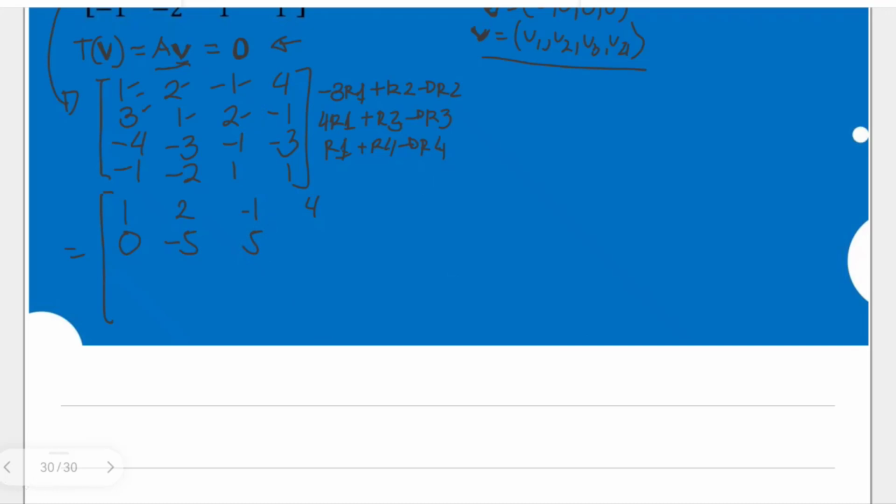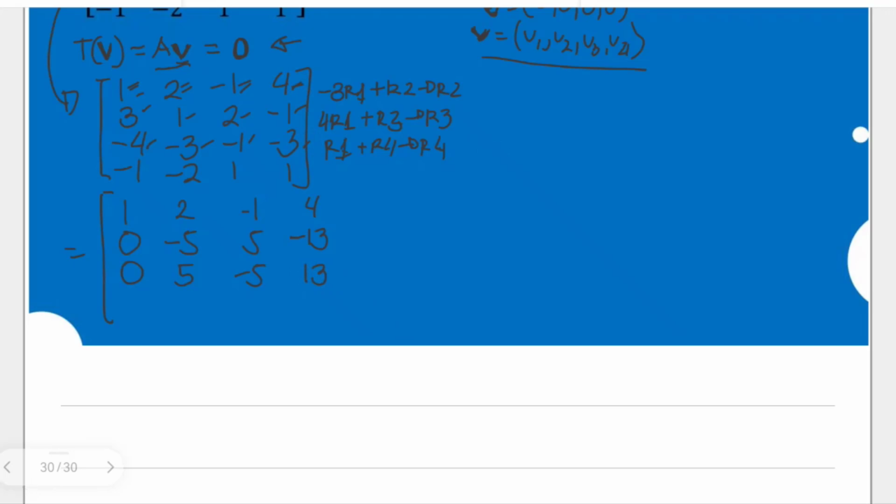Next, negative 3 times 4 is negative 12 plus 1, so you have negative 13. Next, 4 times 1 is 4 plus this, 0. 4 times 2 is 8 plus this, you have positive 5. 4 times negative 1 is negative 4 plus this, negative 5. 4 times 4 is 16 plus this, you will have 13.